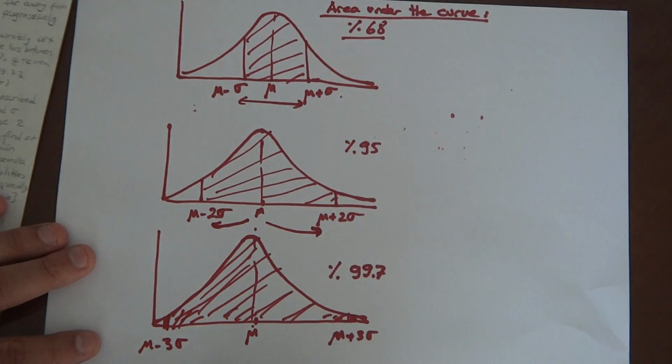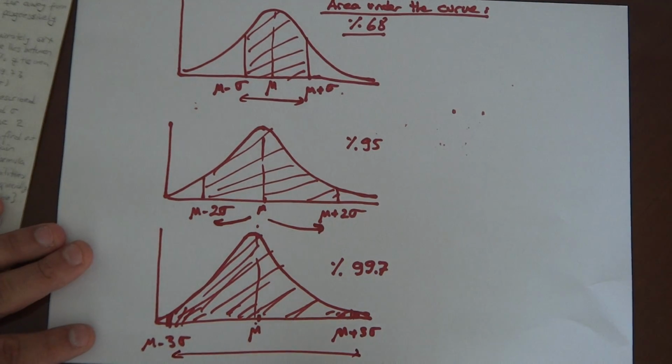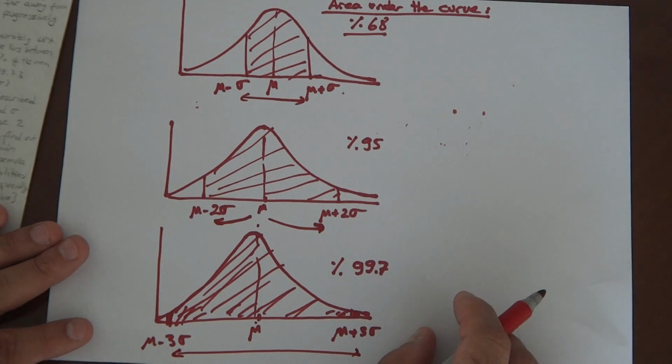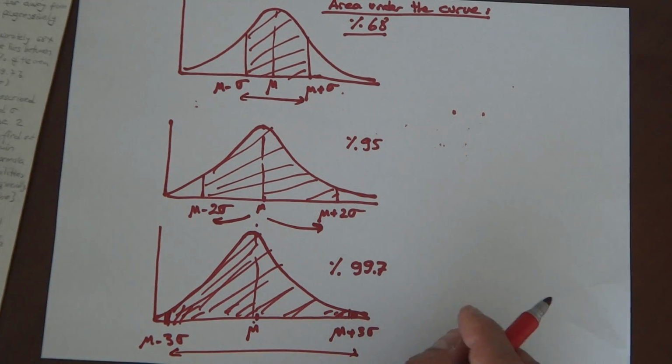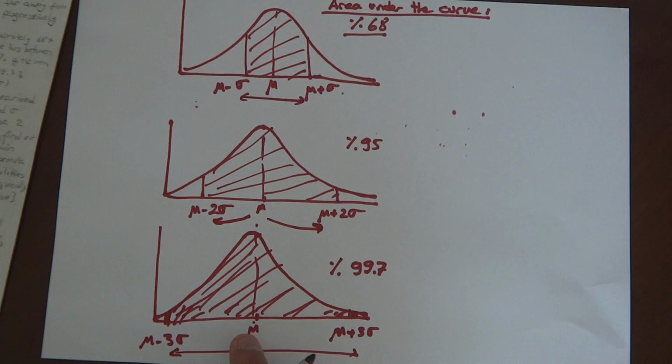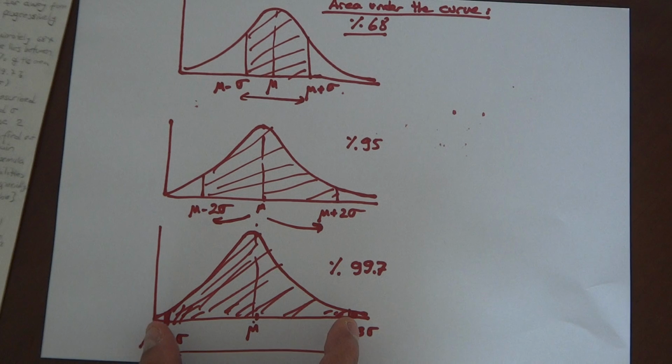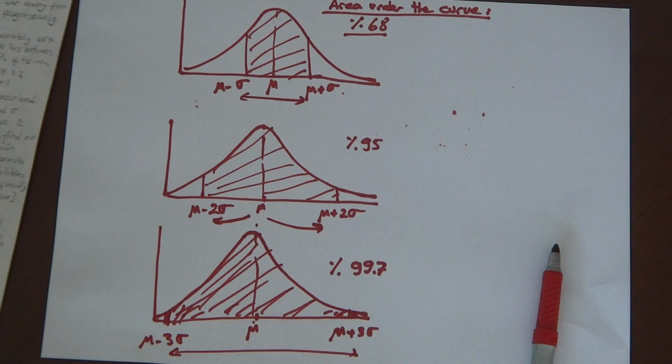And in a 3 sigma distance, you are covering 99.7% of the area under the curve. So within three standard deviations of the mu, on either side, you are covering 99.7% of the whole data. We are going to use this kind of important information in our calculations.